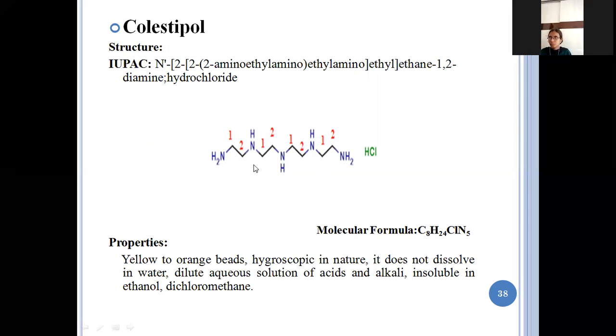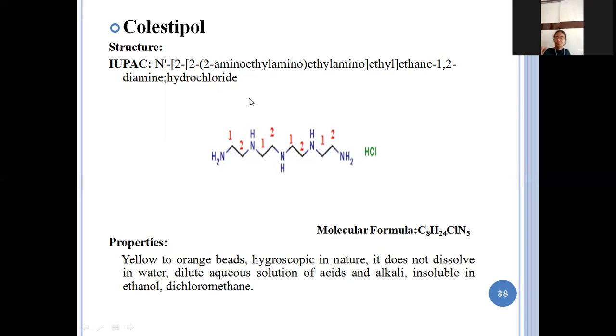In the second position, amino. This is ethyl amino, and here ethyl amino, ethane. For the ethane, in the first position and the second position, diamines are there. So next is the hydrochloride.